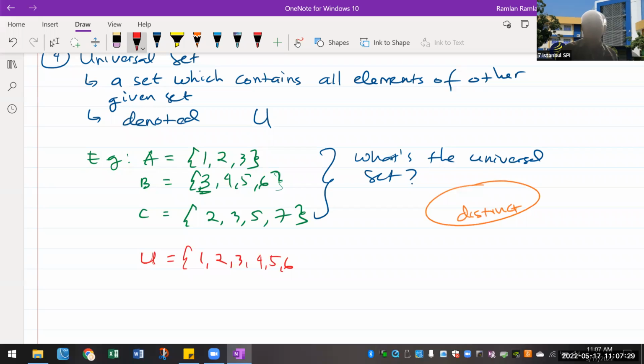For set C, again we need to include all of them. 2, you don't have to write again because you have 2 here. 3 is also the same, and 5 is also the same. The one that we haven't written down is the 7, so we write down 7 over here, and we're done. Make sure that you write down all of the elements, but if you have the same elements, you only need to write them down once. Quite easy, right?